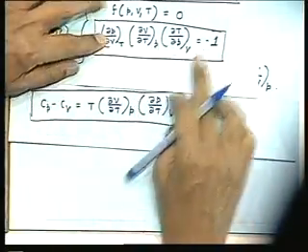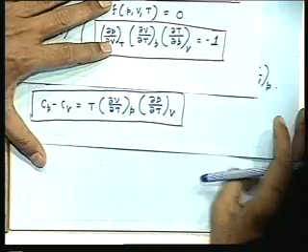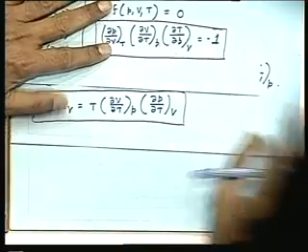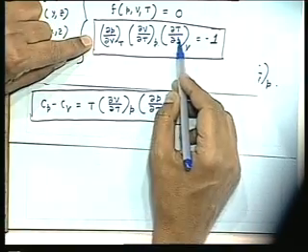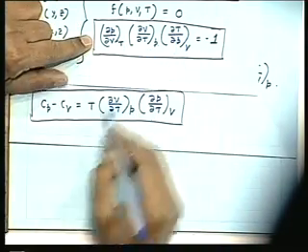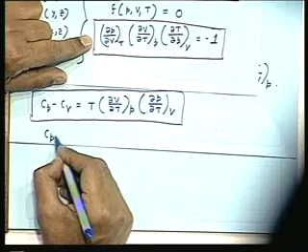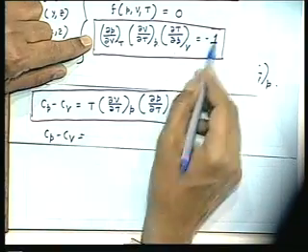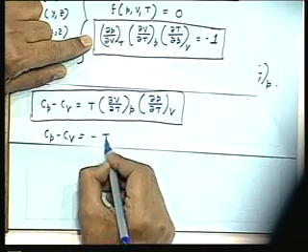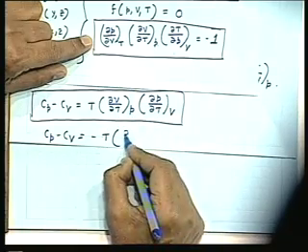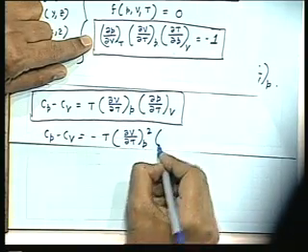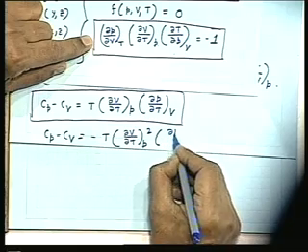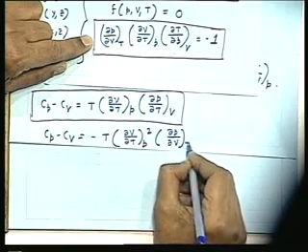Now if I use this cyclic relationship to replace (∂P/∂T) at constant V by these two terms, then I get Cp minus Cv equals minus T, now this becomes squared, (∂V/∂T) at constant P squared, into (∂P/∂V) at T.